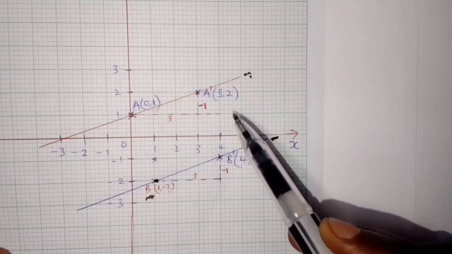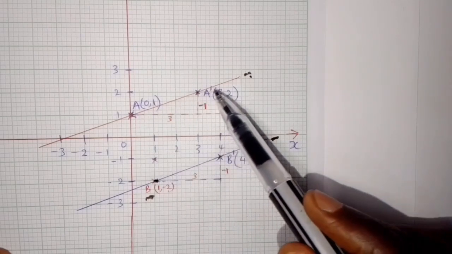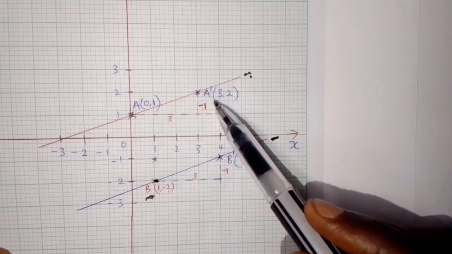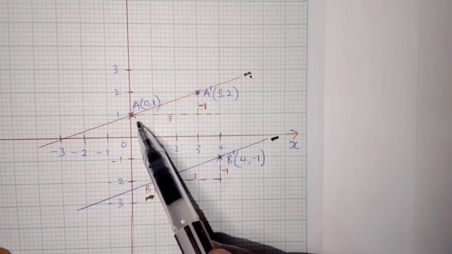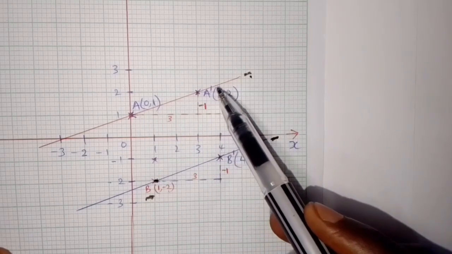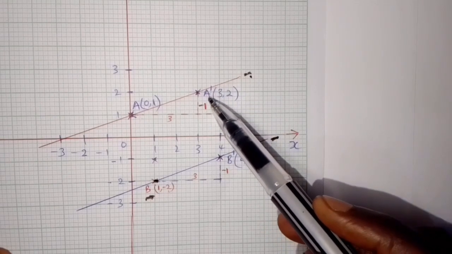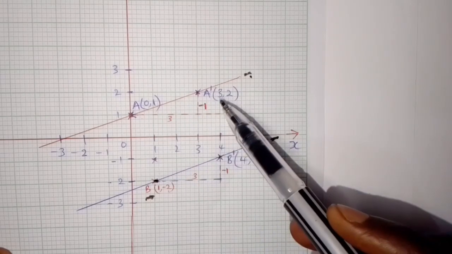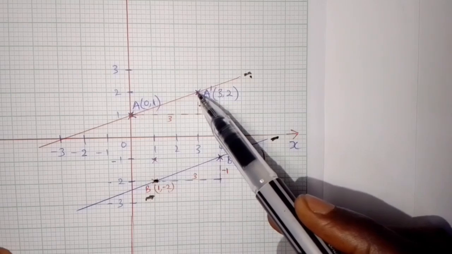So now we just compare. We use this one first, A and A prime. So you can see that in order for us to end up with A prime here, when we move from A prime to A, you can see that we are going down.